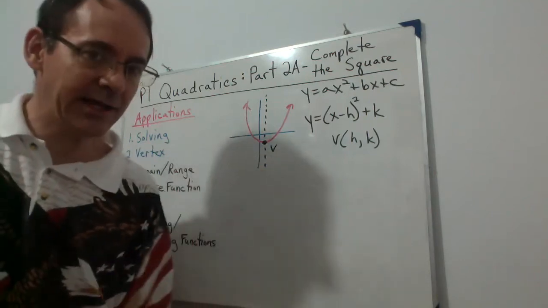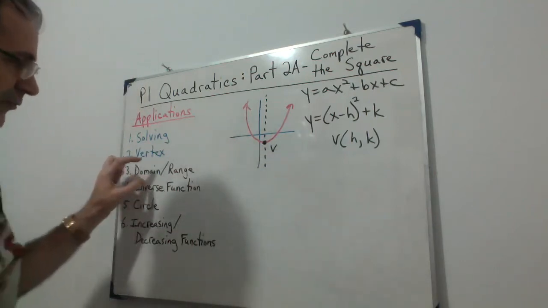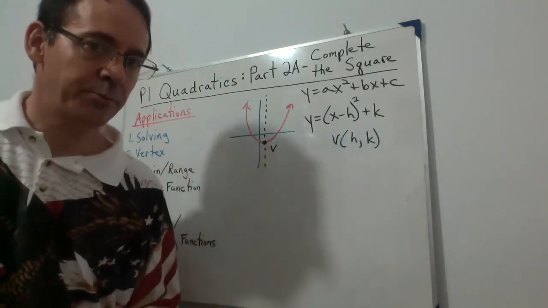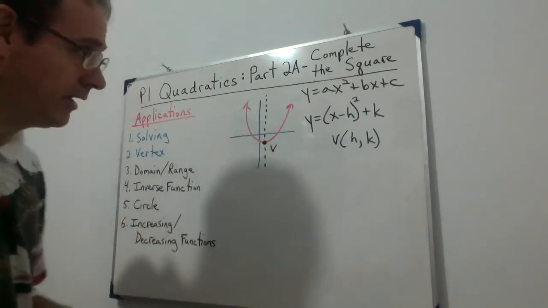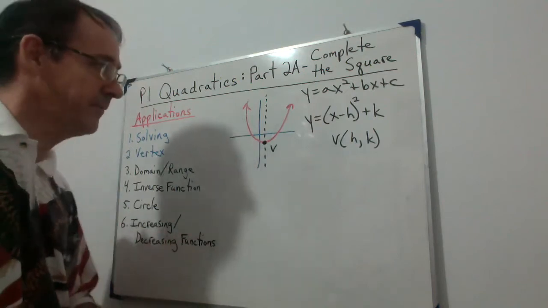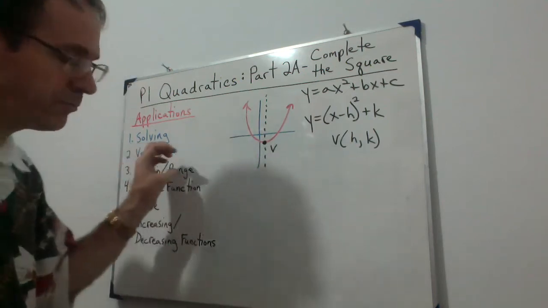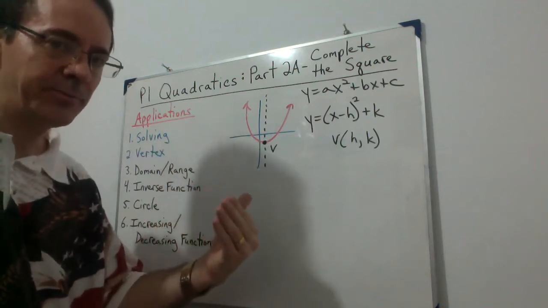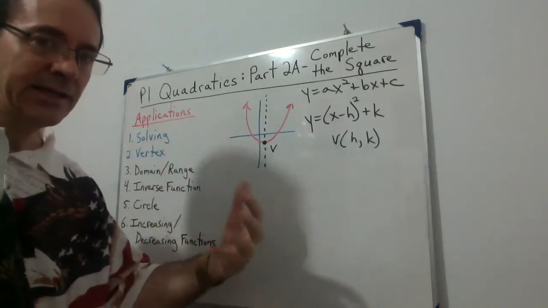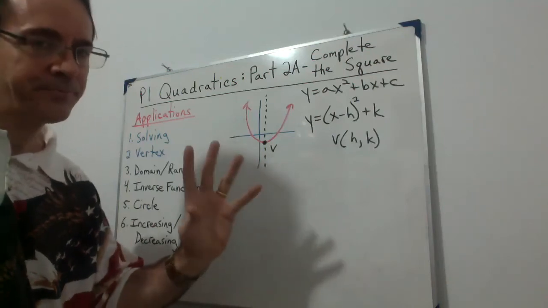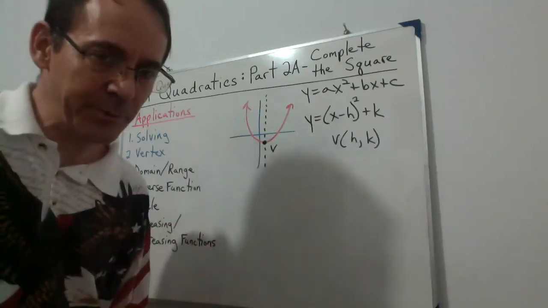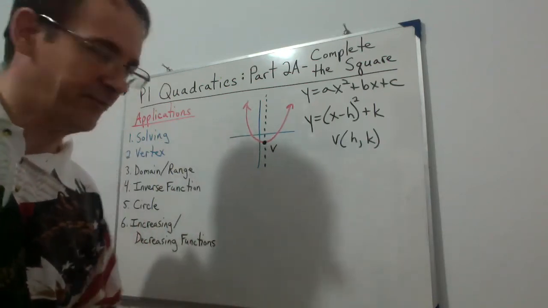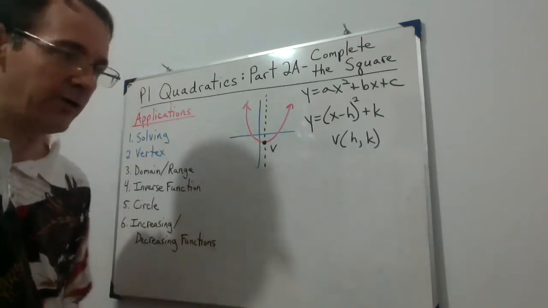After the quadratics unit, we get into the functions unit, and you had a little bit of functions previously as well. In the functions unit, you're going to learn a little more about domain and range that you didn't really learn as much previously in IGCSE. They usually provide the domain and range for you. They don't make you find it for yourself, which you're going to have to learn how to do.